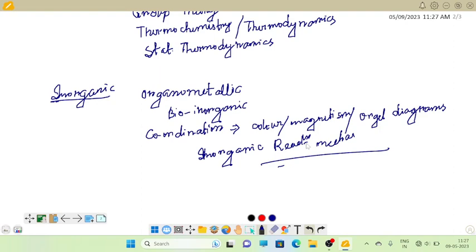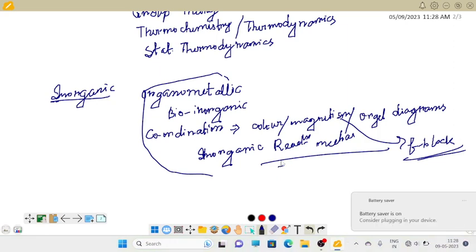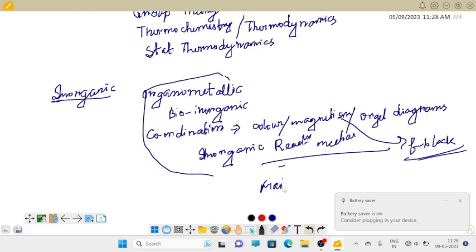Inorganic reaction mechanism, coordination, magnetism, Orgel diagram, and magnetism from d-block. If you read these topics carefully, they are very few topics, but they have very much weightage. And if you can study a little bit of main group, that will be better, I think. But main group, especially boron chemistry.